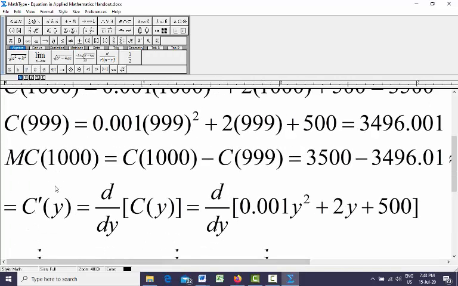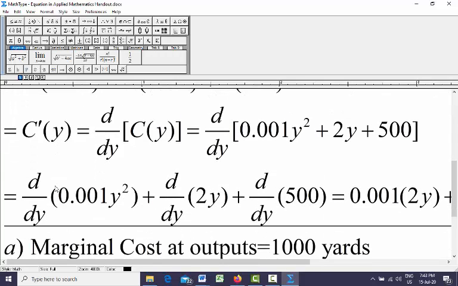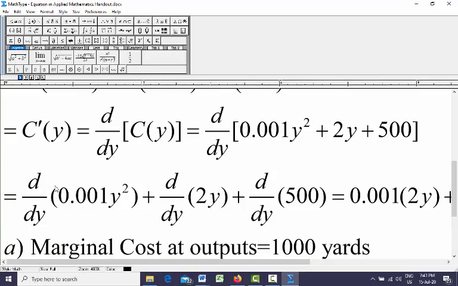Another way: in this chapter we are studying differentiation. Using differential calculus also we can find marginal cost.